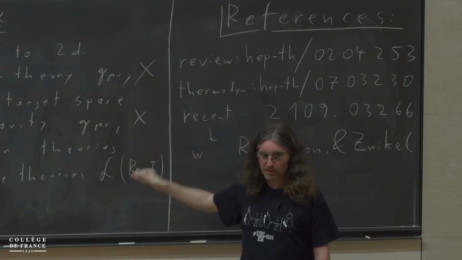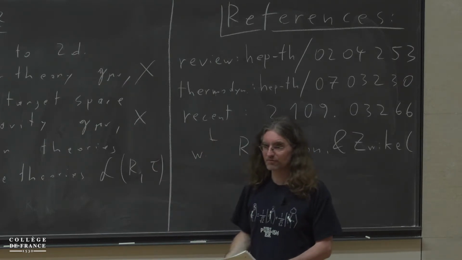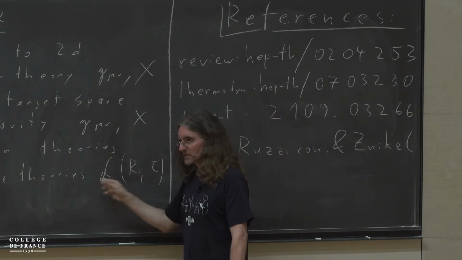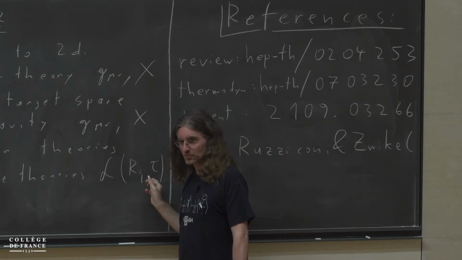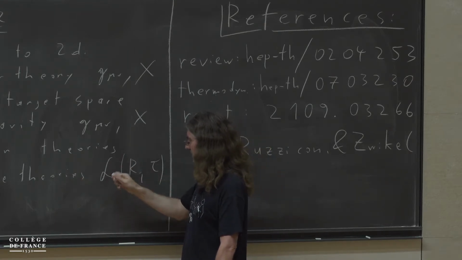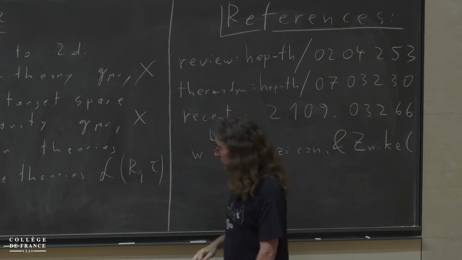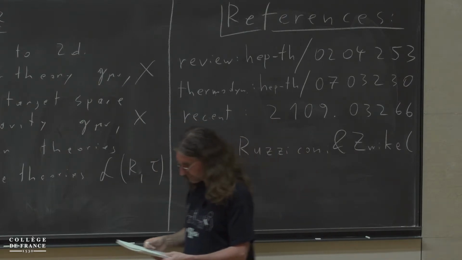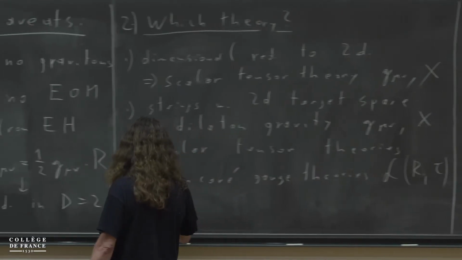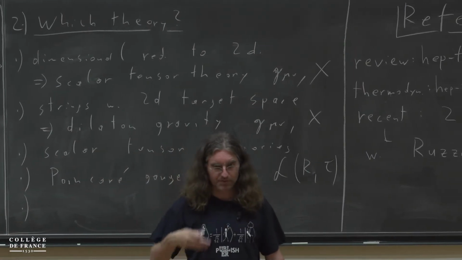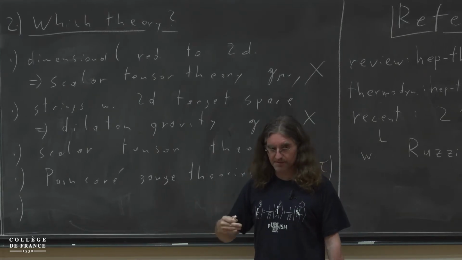And actually, I prepared some exercises. So for those of you who are interested in doing this, one of the exercises is related to precisely showing this, the relation between Poincaré gauge theories, so theories that have Lagrangians depending on curvature and torsion, to these scalar tensor theories. And finally, much like in three dimensions, there's a gauge theoretic formulation of three-dimensional Einstein gravity as a Chern-Simons theory.